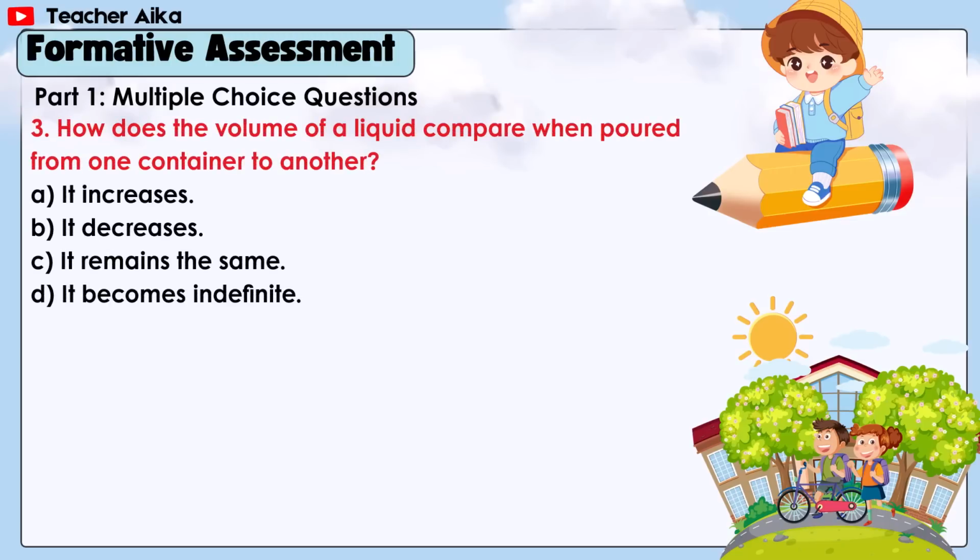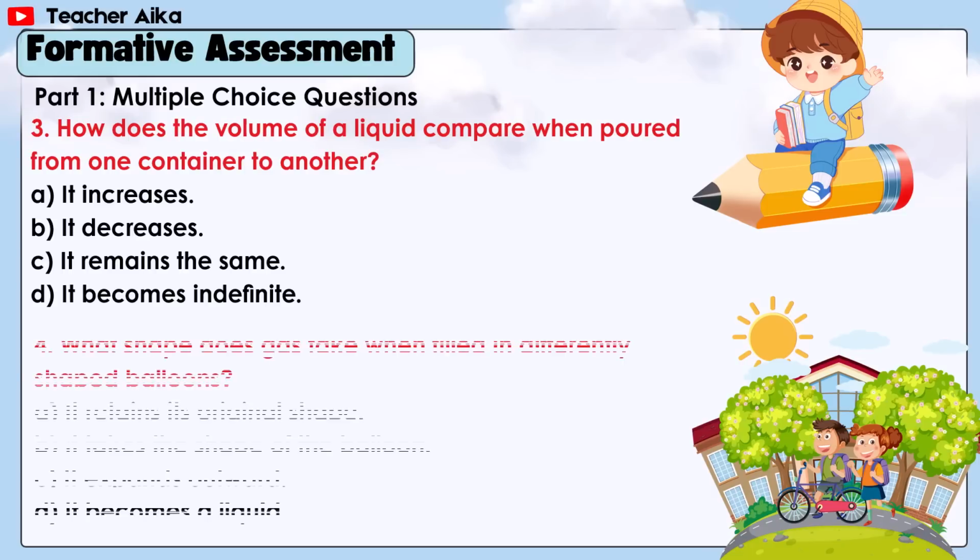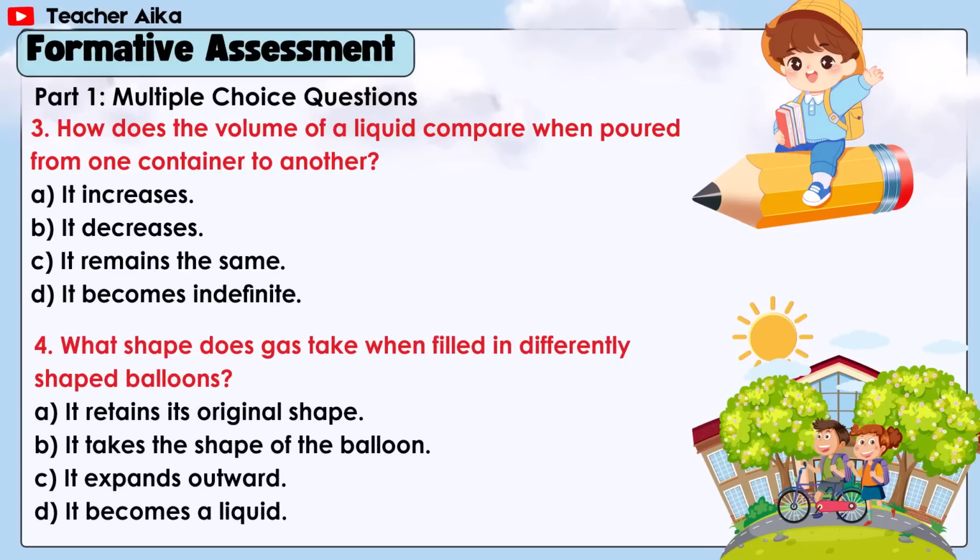3. How does the volume of a liquid compare when poured from one container to another? A. It increases. B. It decreases. C. It remains the same. Or D. It becomes indefinite. 4. What shape does gas take when filled in differently shaped balloons?